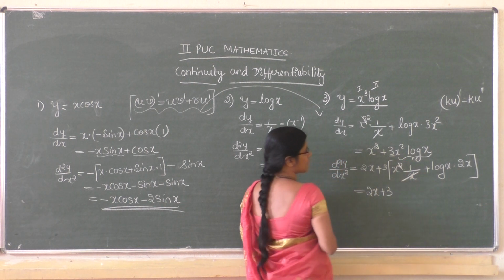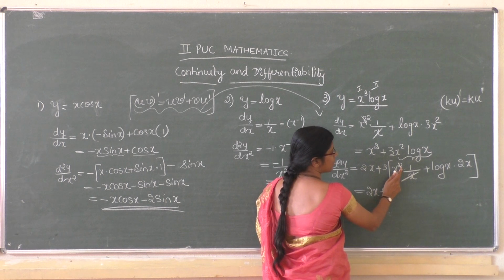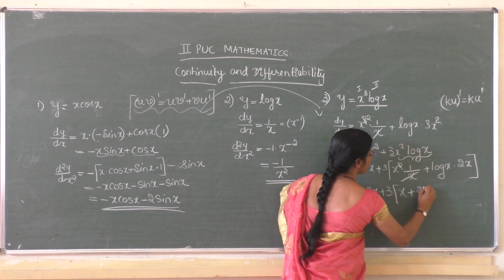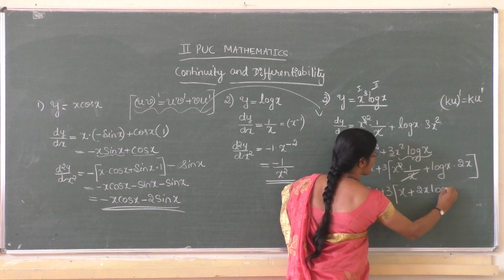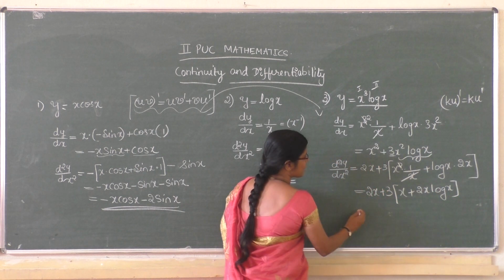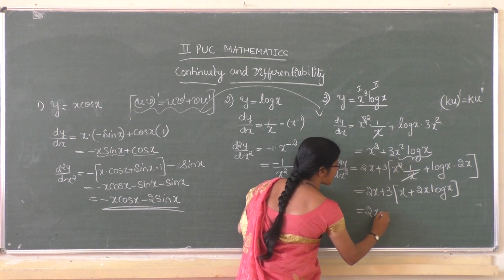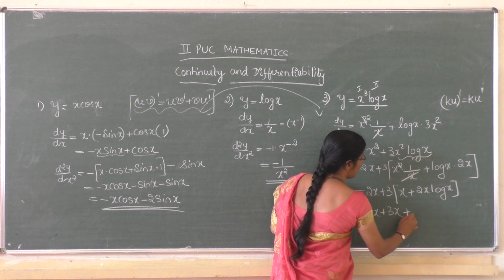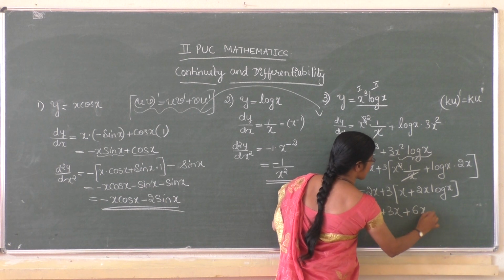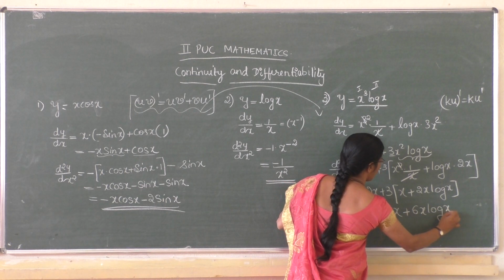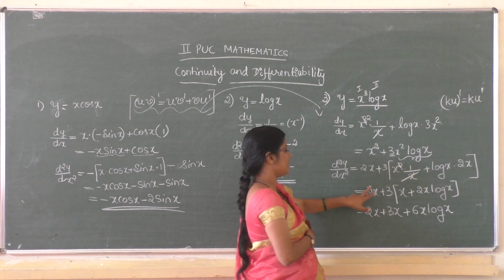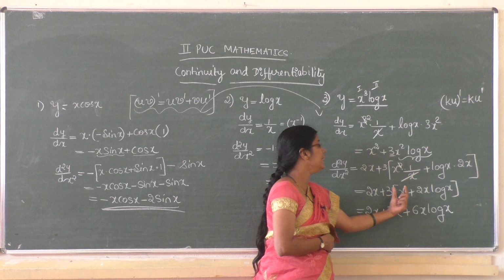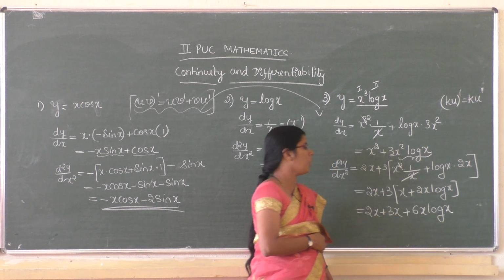So that is equal to 2x plus 3. Here x and x square, one x cancels with this x, and you are getting x plus 2x log x. So this is equal to 2x plus 3x plus 6x log x. Here we first keep 2x as it is, 3 into x plus 2x log x.